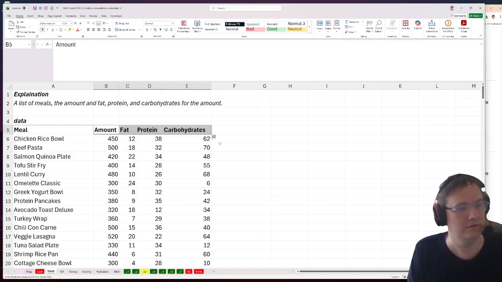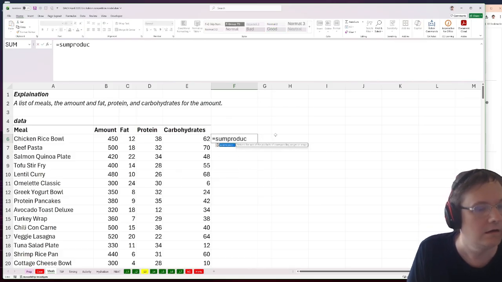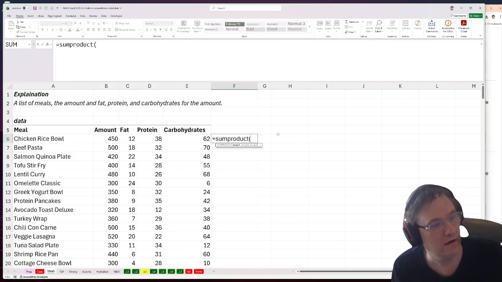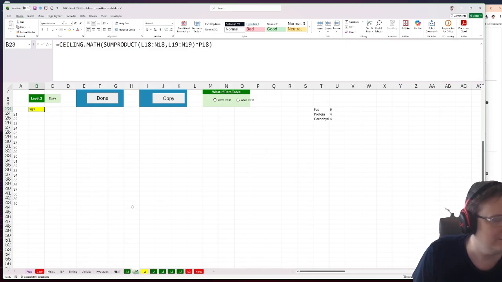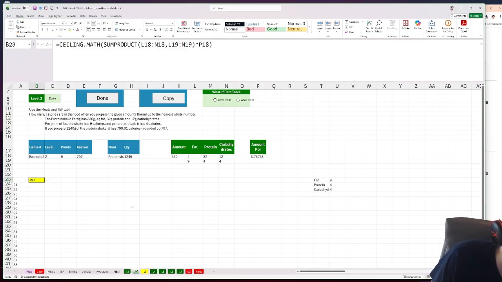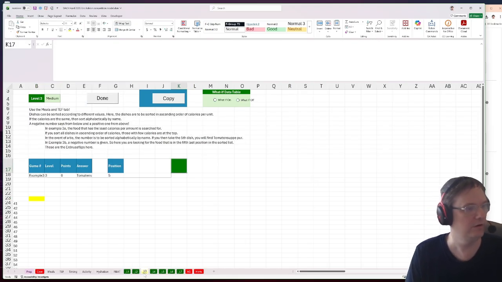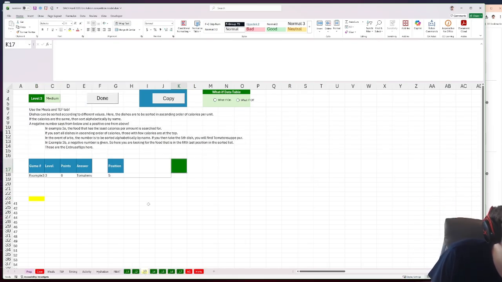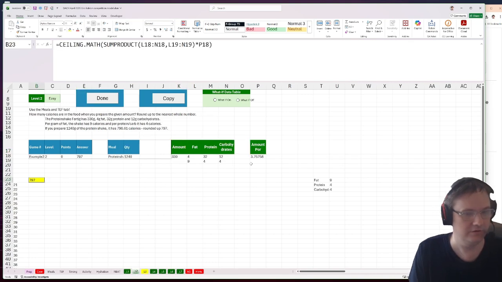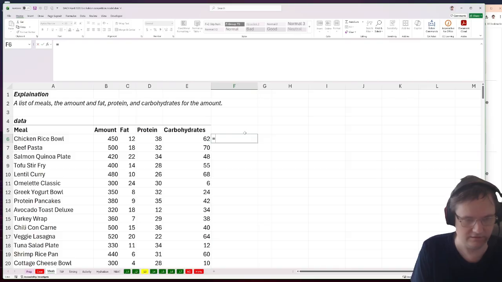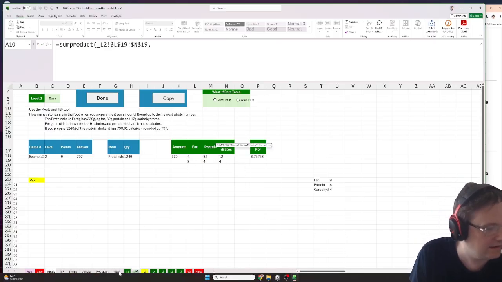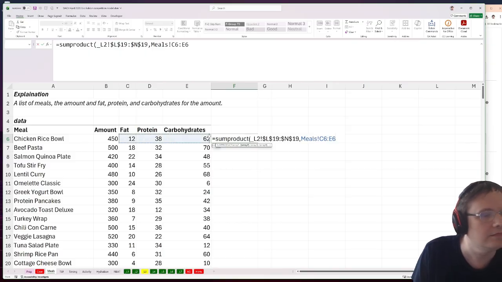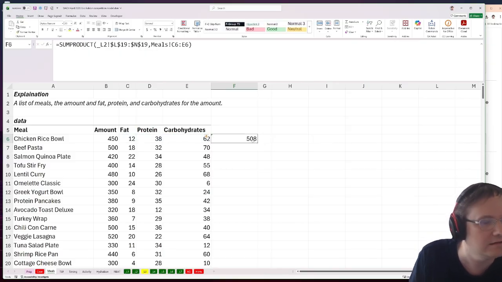This is what the meals are, right? So some product of this is the amount? The amount is in grams per unit. The amount of calories per unit is just the sum product of this locked and this not locked.